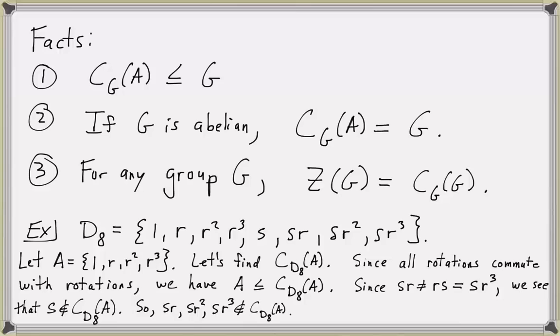So the only 4 elements of D8 that can be in the centralizer of A are the rotations. So therefore, we see that the centralizer of A in D8 actually equals A.